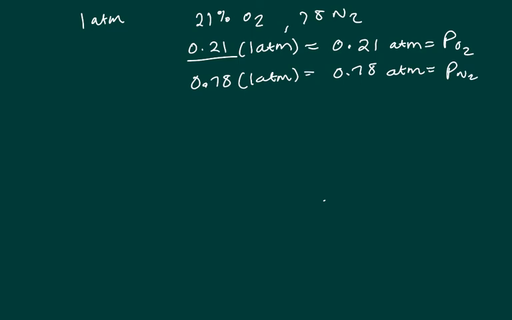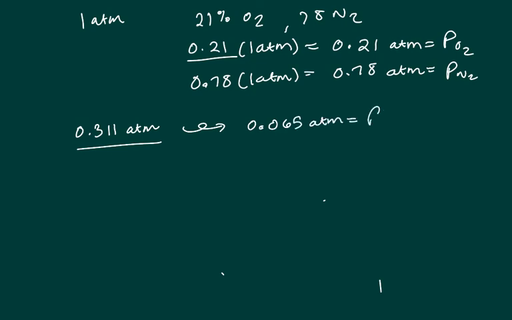And we saw that if you go up, let's say Mount Everest, where the total pressure is 0.311 atm, we still have about 21% oxygen up there, but 21% of this translates to 0.065 atm partial pressure for oxygen. We have this decreased partial pressure for oxygen, we've decreased the density of oxygen in the air.